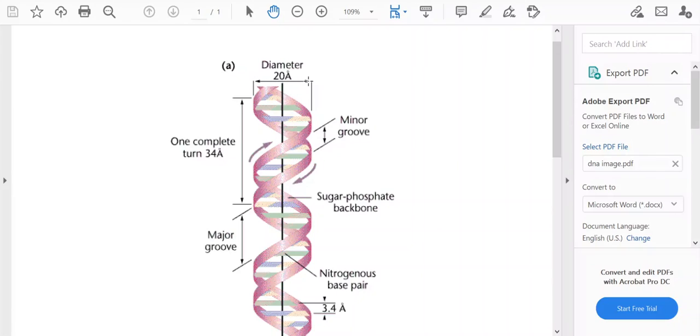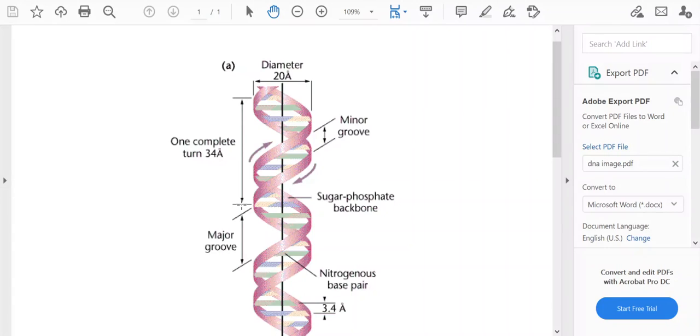So this is the diameter, and one complete turn or one helical repeat means starting from this portion, you see this is turning in this way, and now this one. So we call it one complete turn.